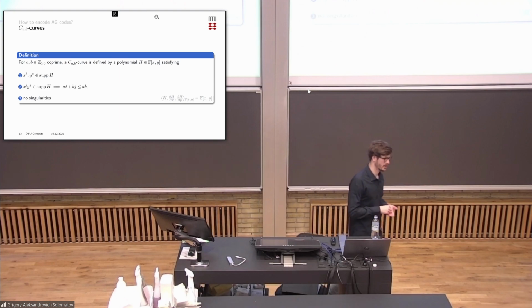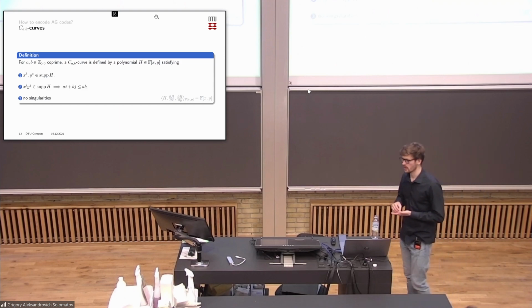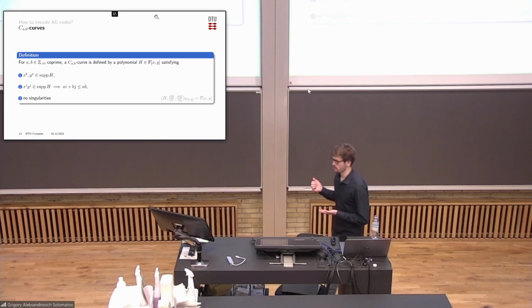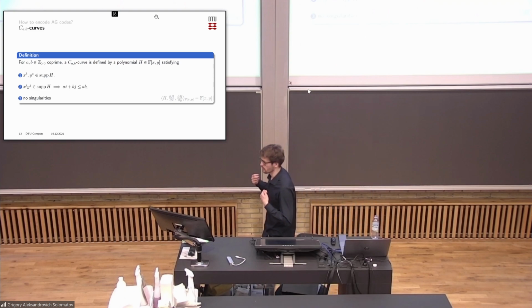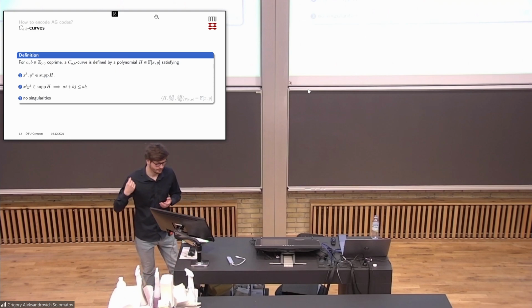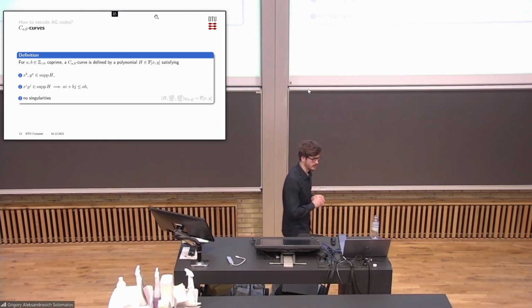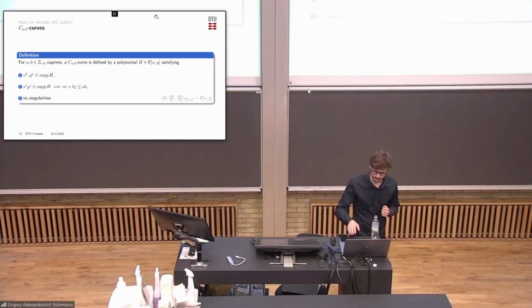And this polynomial has certain properties that it needs to satisfy. In particular, these properties have to do with the monomial support of the polynomial, saying which terms you're allowed to use. And secondly, the curve that this polynomial defines necessarily must be non-singular.